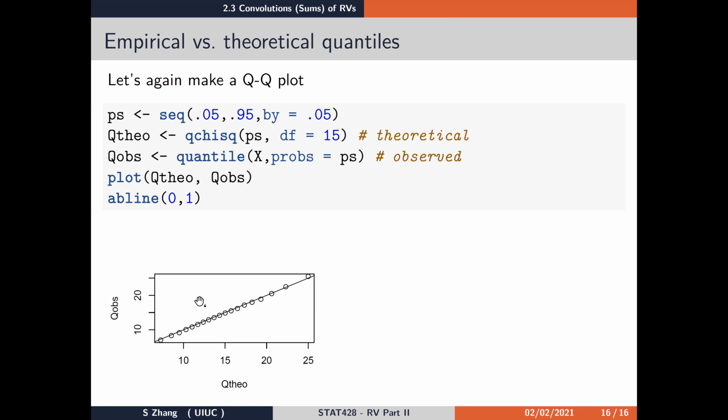And this time, because there is enough space for me to do this, let's add a straight line where the slope is equal to 1 and the intercept is equal to 0. So abline(0, 1). This is essentially the y equals x line. You can see that for the QQ plot, each of these points lie approximately on the straight line, meaning that the empirical and theoretical quantiles agree.